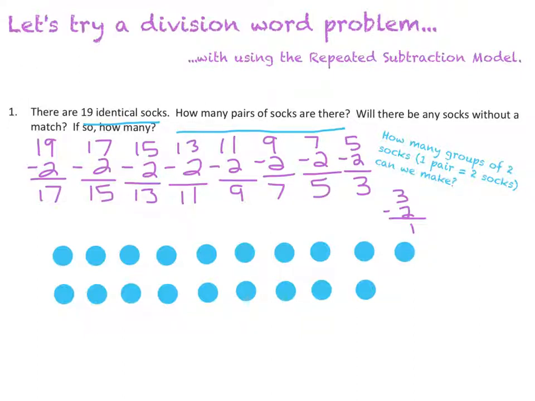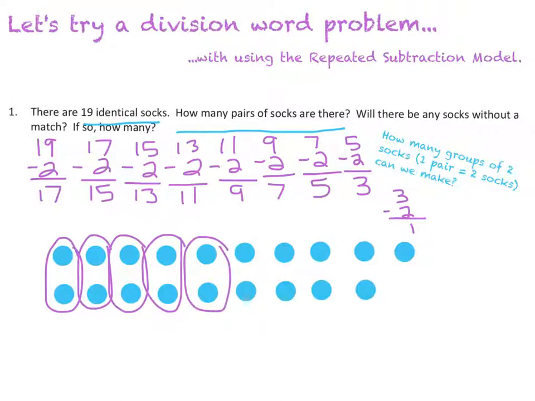So we have a total of 19 blue socks here, and we're going to start making groups of 2. 19 minus 2 minus another 2, and we keep going until we can't make any more groups of 2.